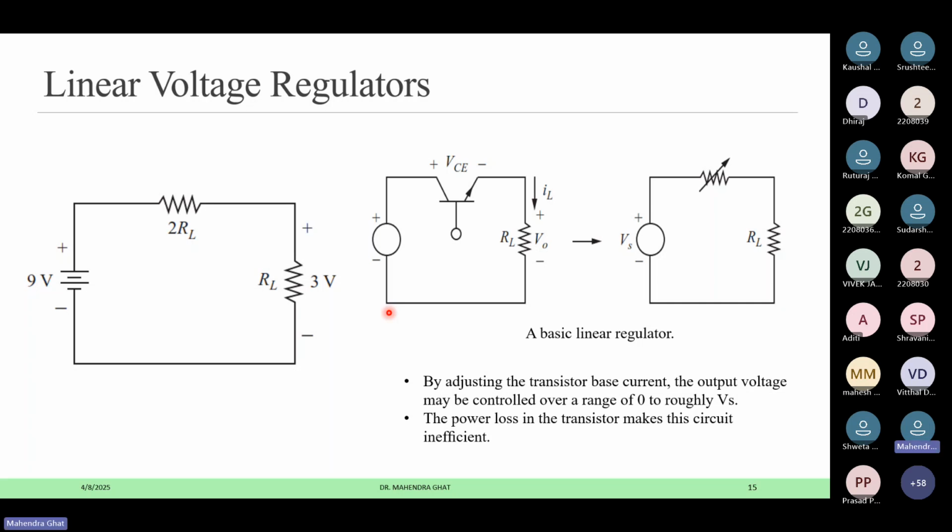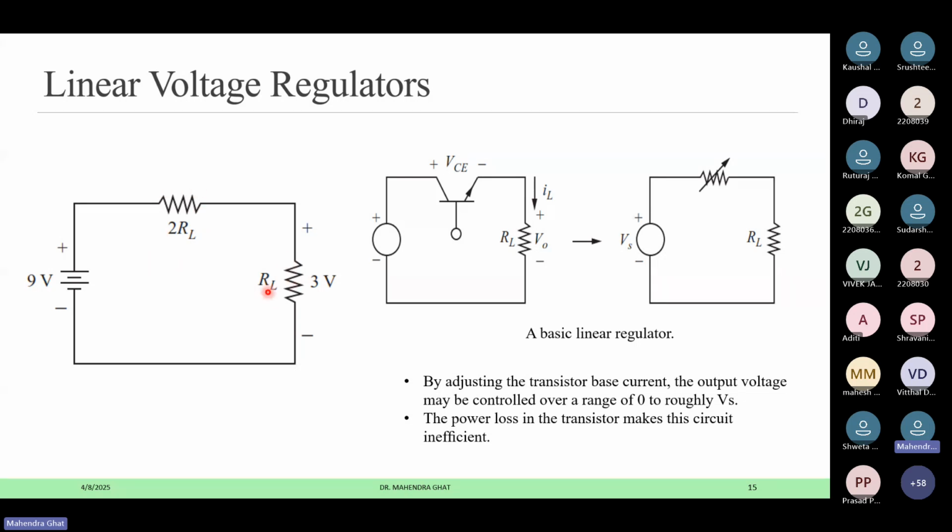Okay, so it can be converted in other ways also. One of the ways is this. Here we have a 9 volt battery, and we have a load which requires 3 volt. This can be achieved by adding some resistance here.